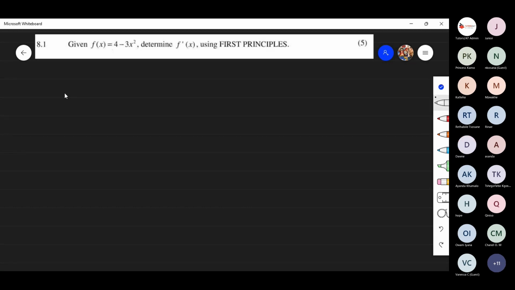So our first question, question 8.1, we have f of x is equal to 4 minus 3x squared. Now we need to find the first derivative of 4 minus 3x squared.